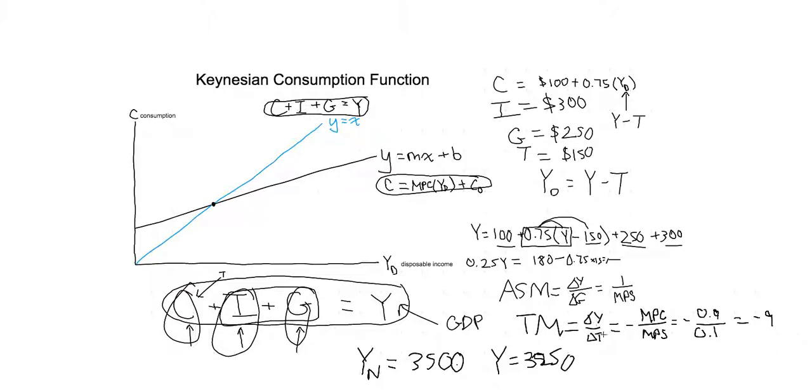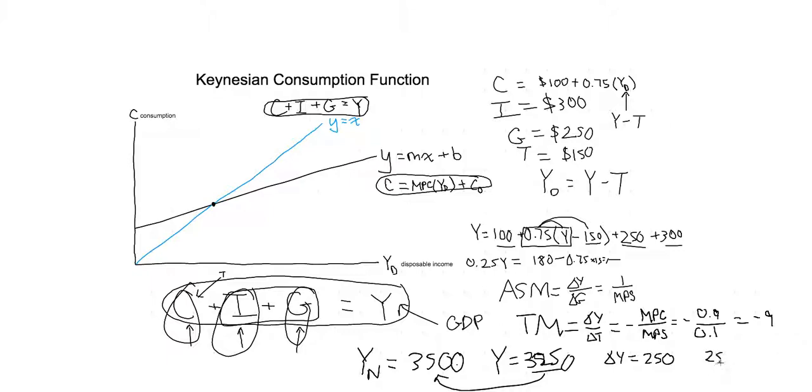And so what we'll do is we have a delta Y of 250, because that's how much we need to add to our GDP in order to get it to the natural GDP level, in order to get out of that recession. And so we plug it into our equation.